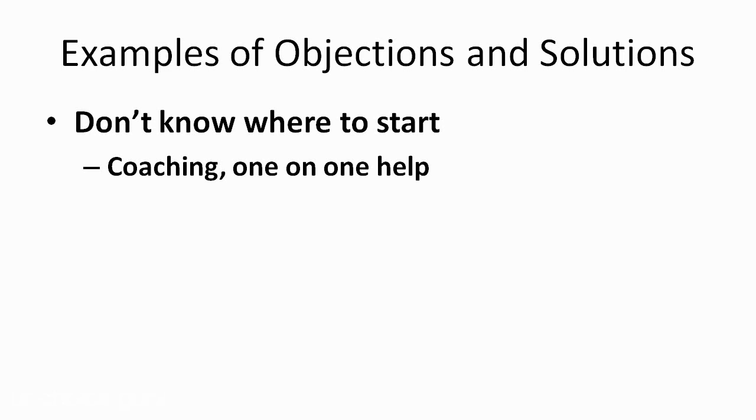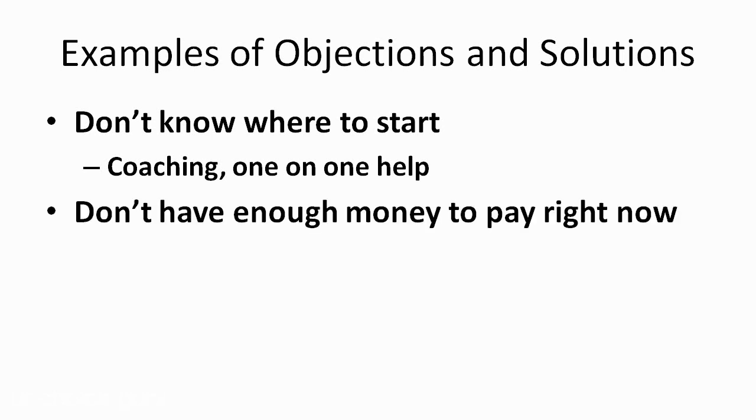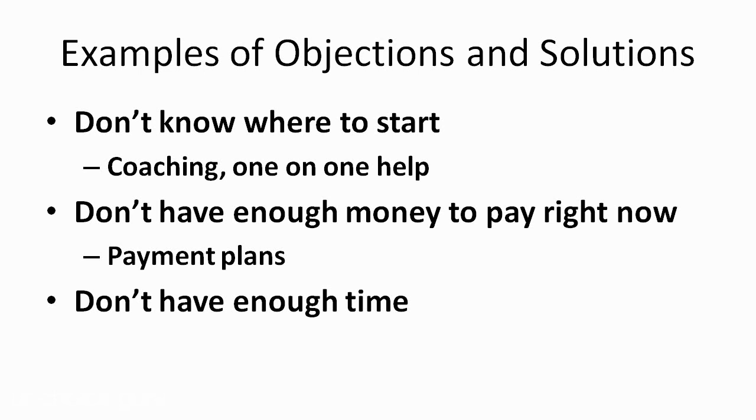So you could provide coaching, one-on-one help. They don't really have an excuse to say that because you're going to provide them with one-on-one help, coaching, or maybe you have advisors underneath you that could help them. Another very popular objection is, I don't have enough money to pay right now. If that's the case, you could provide payment plans, like I talked about earlier. Don't have enough time.